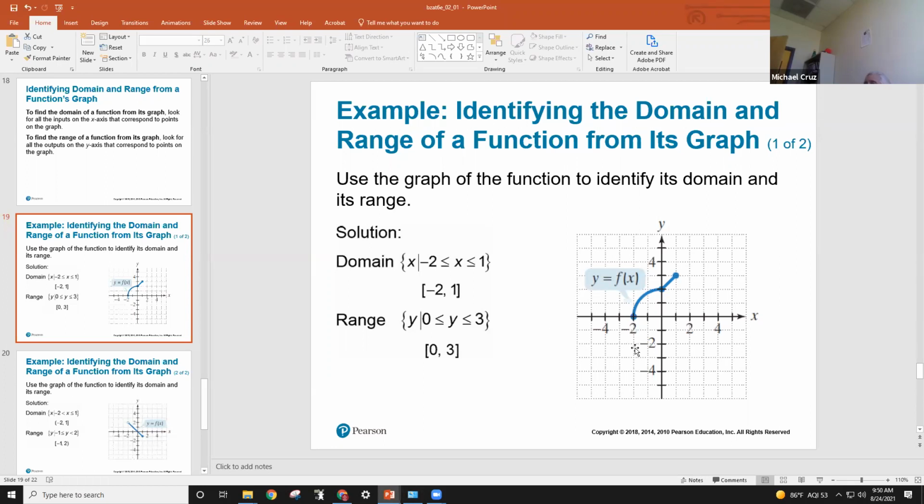Now, we'll see in the next one that if there's a hole, then it means to not include that. But anyway, now looking on the Y. It might help if you cocked your head and looked at it sideways, because you're not paying attention to the X anymore.